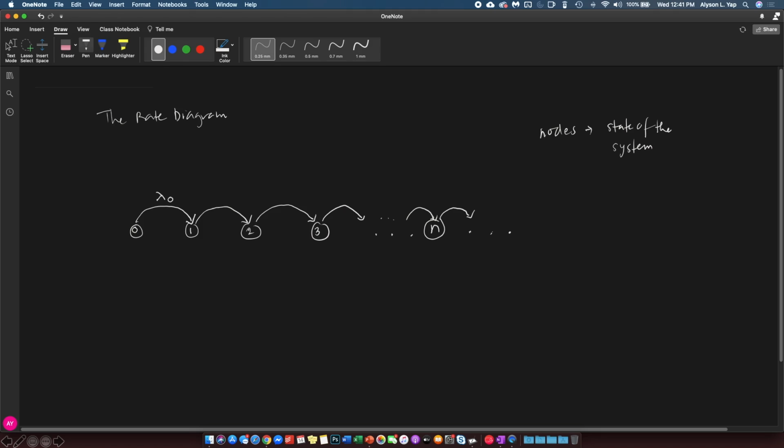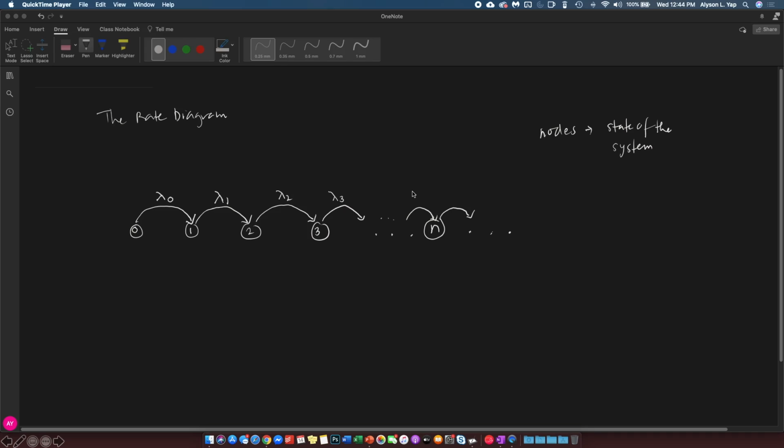From a state of 1 to a state of 2, there is again an arrival, but this arrival depends on how many customers are there in the system. So this is lambda sub 1. In the same way, this is lambda sub 2, lambda sub 3, so on and so forth.